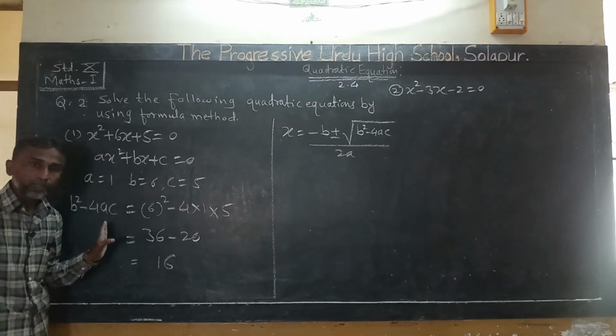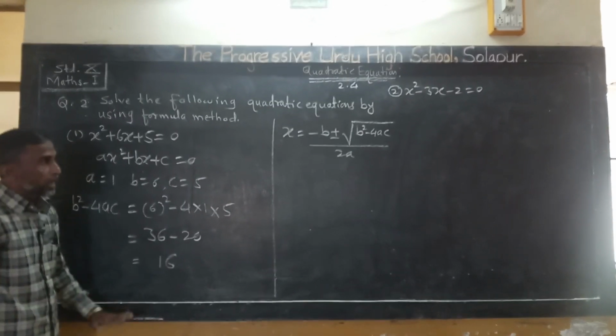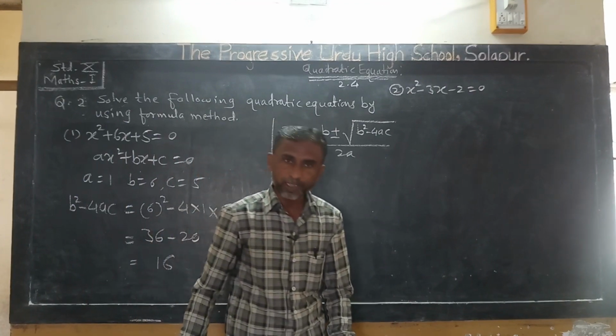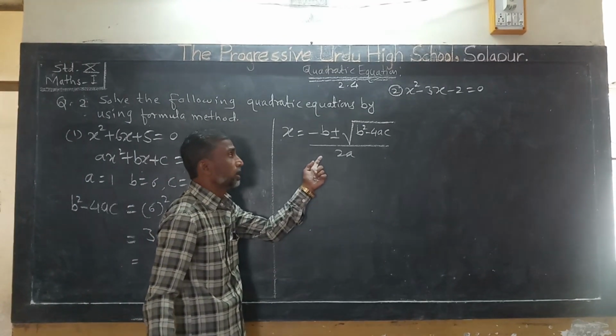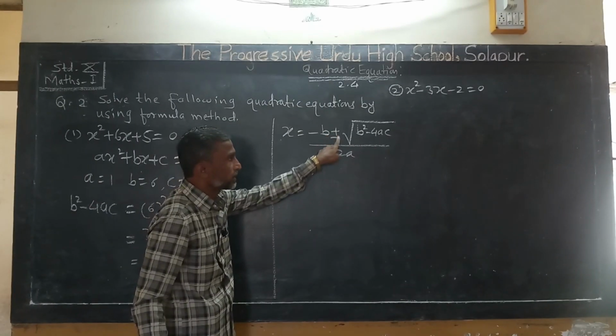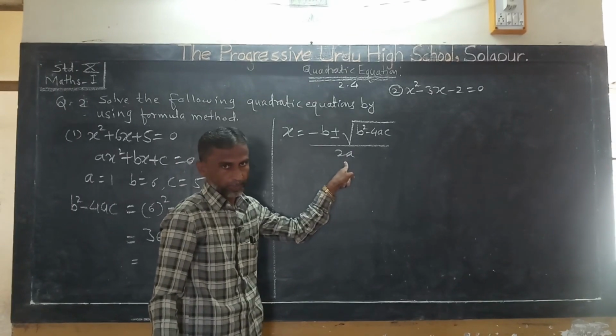So, this is the value of b square minus 4ac. Now write the formula x is equal to minus b plus minus under root b square minus 4ac upon 2a.